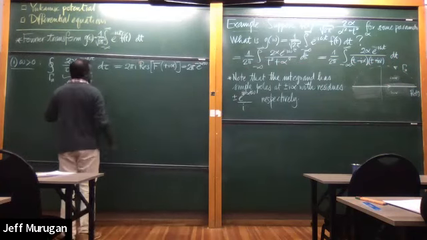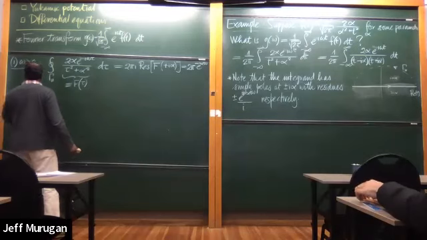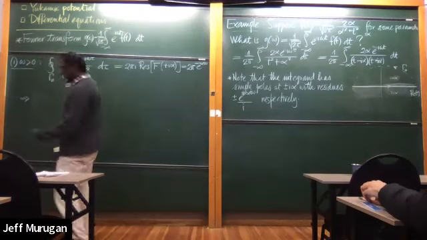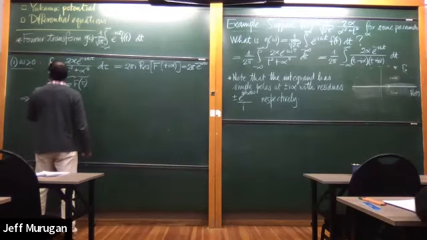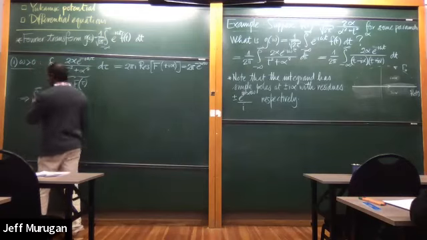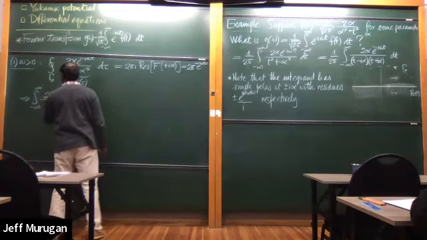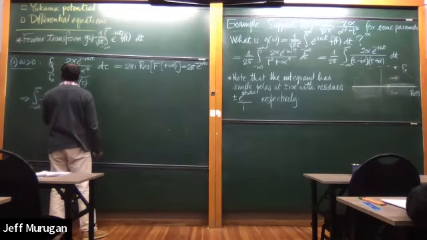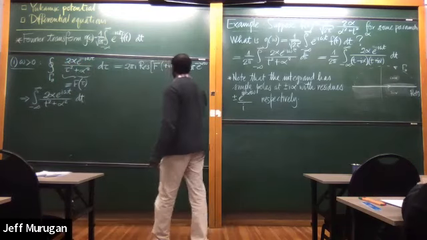So the left-hand side is simply the integral that we started off looking at, which is the integral from minus infinity to infinity of 2 alpha e to the i omega t over t squared plus alpha squared dt.